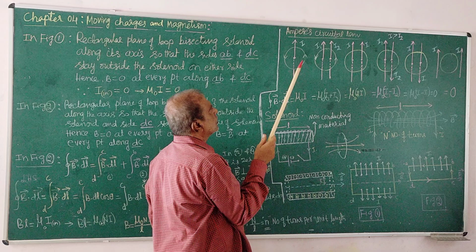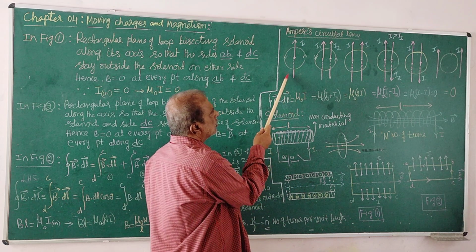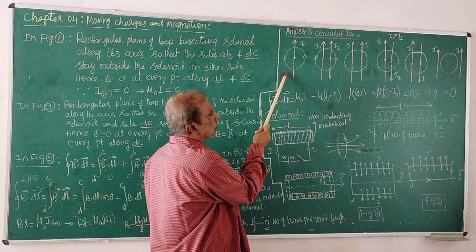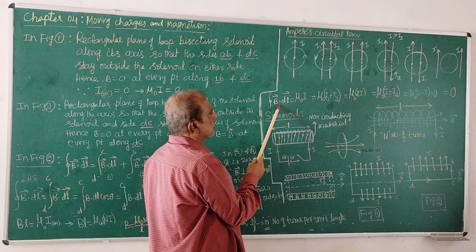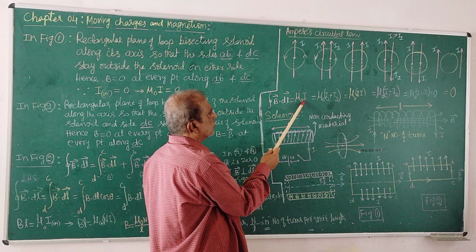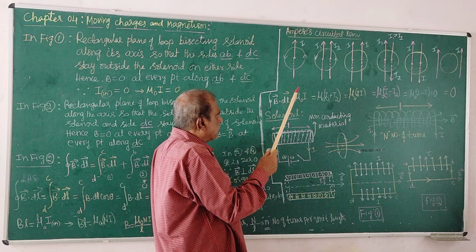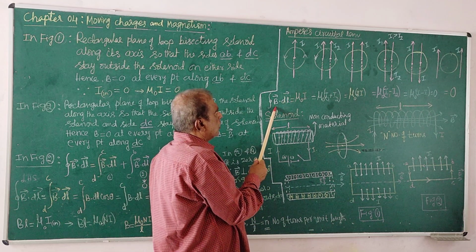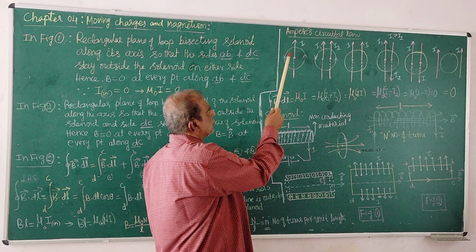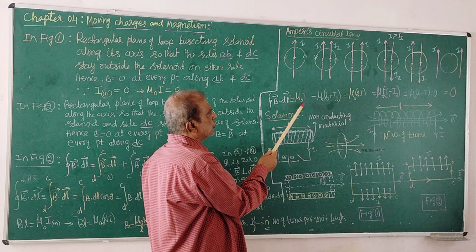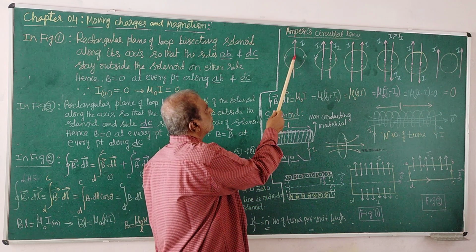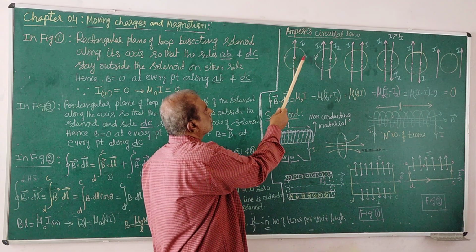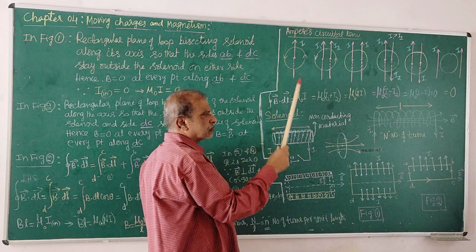Current is I. When you apply Ampere's circuital law for this diagram, it is mu naught into I, because only I is the current passing through the plane containing this loop.